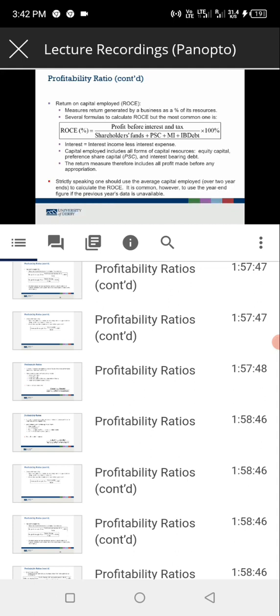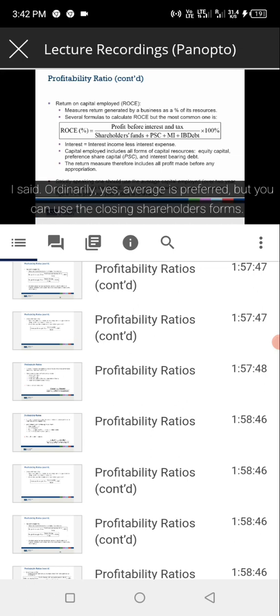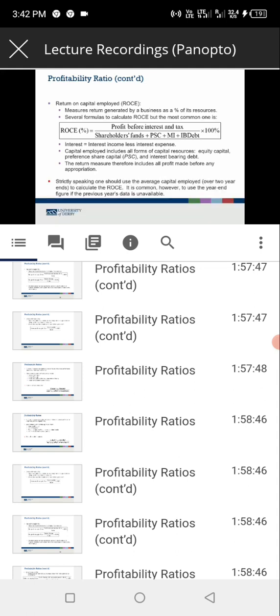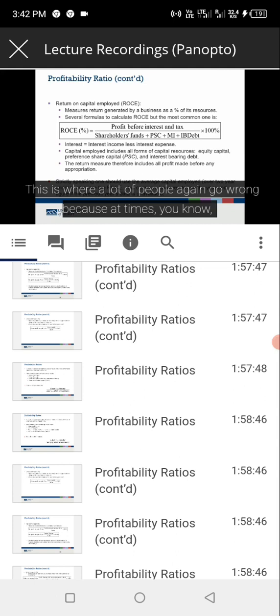I said, ordinarily, yes, average is preferred, but you can use the closing shareholders' funds. Nobody will penalize you. But if you decide to use the average, you need to be consistent. This is where a lot of people go wrong.